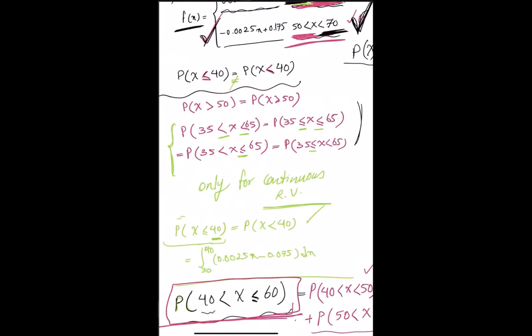We just said a couple of minutes ago, all these probabilities are the same. It doesn't matter if I put less than or less than or equal, all of these are the same, right? And only because this is a continuous random variable, we just said that.